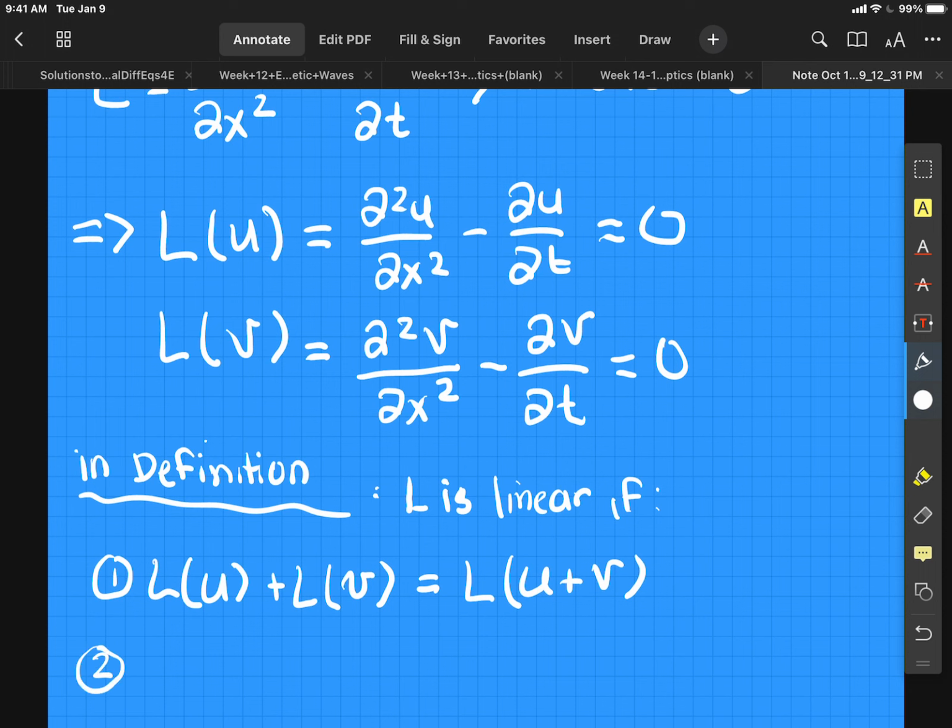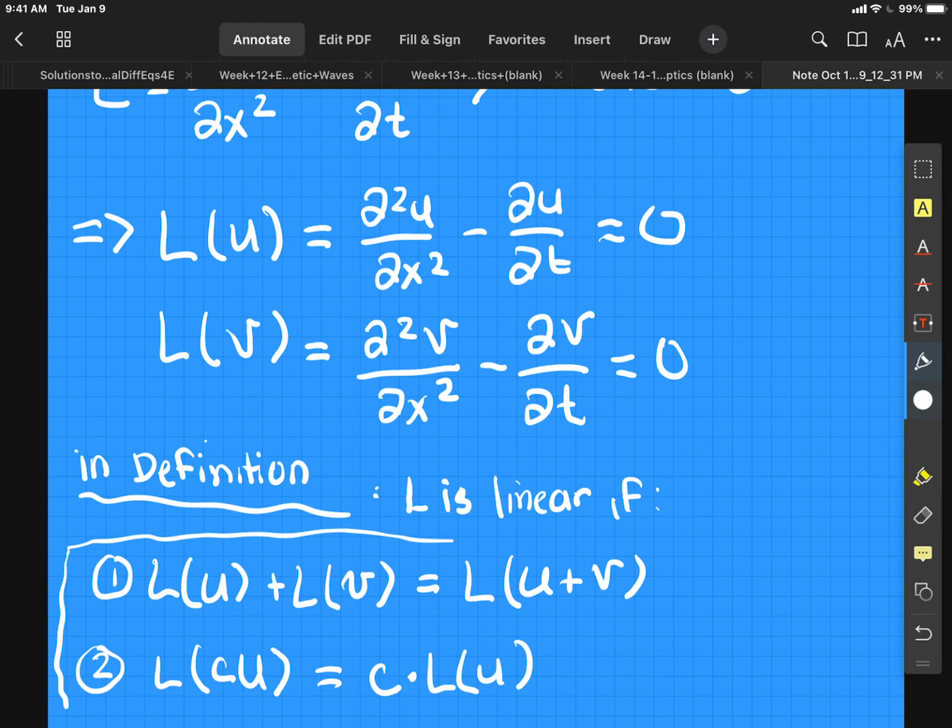And also, L of some constant c, it can be anything, just as long as it's some constant, times our function is equal to that constant multiplied on the outside times our linear operation of u. So again, these two definitions are very important when considering linearity for a function. If a function does satisfy both of these requirements, then it is said to be linear.